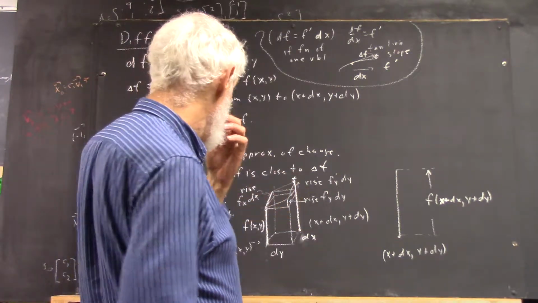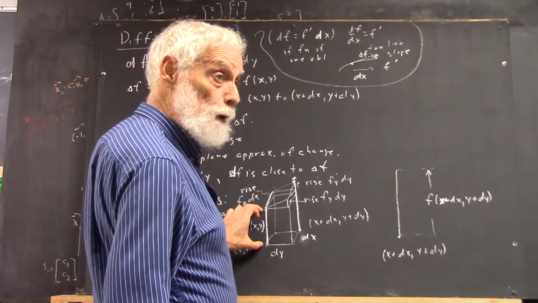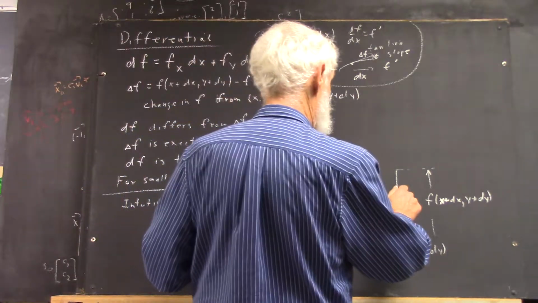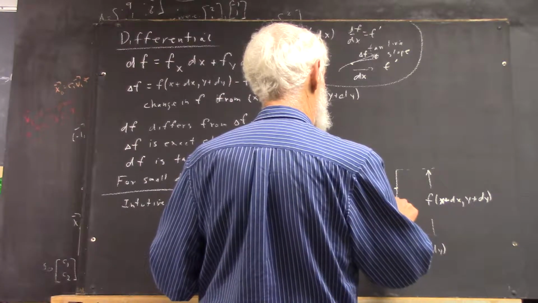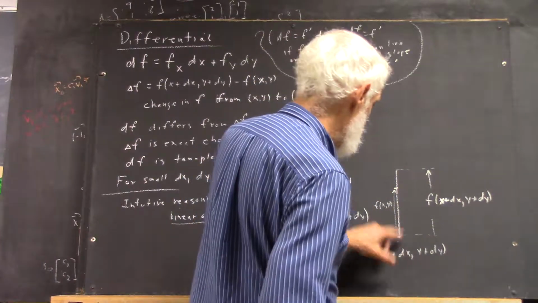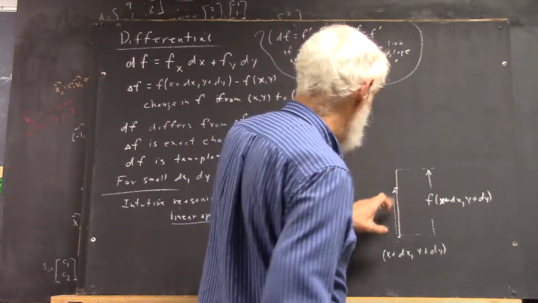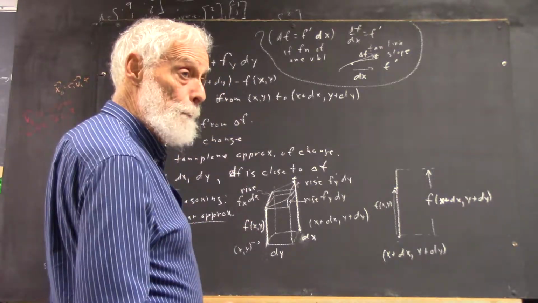Okay? Now you do have the original value of f of (x, y), right? So here's the value f of (x, y). It doesn't occur at this point, okay? But you have that for reference. The way I've drawn it, it's a little bit lower, right?